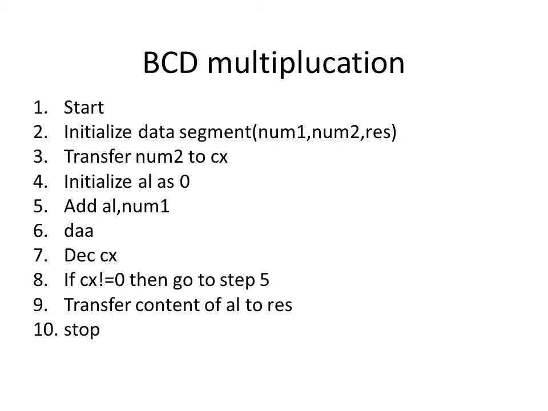Num1 should add itself num2 times, one option, and num2 should add itself num1 times. By both ways we can perform multiplication of num1 and num2.